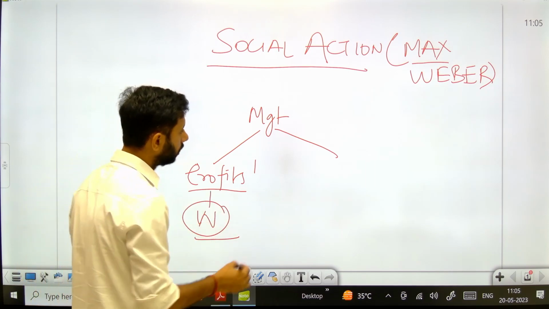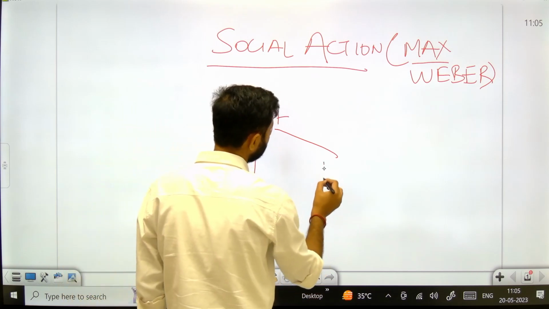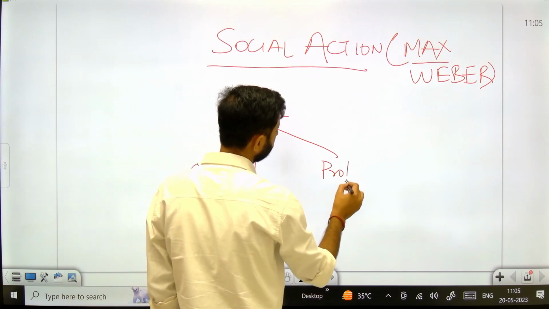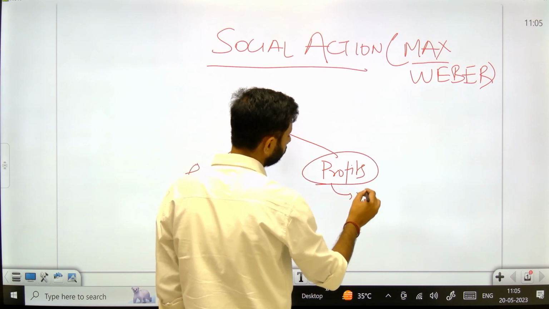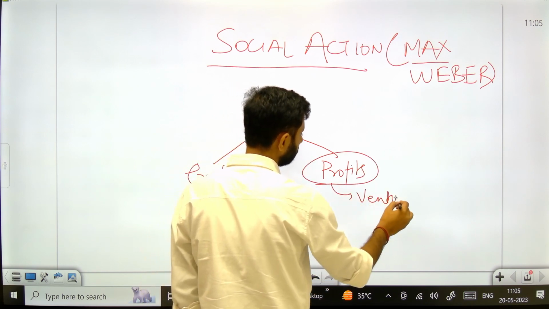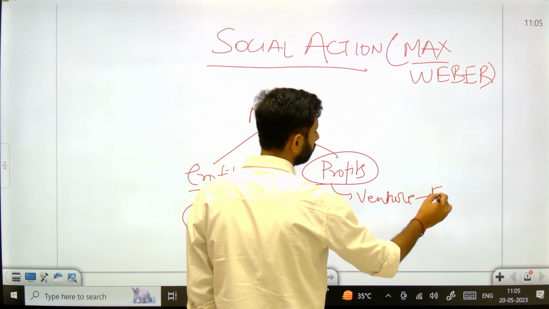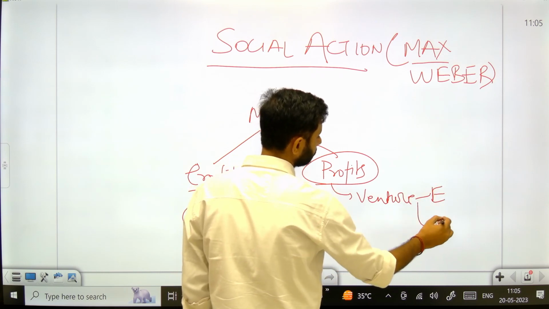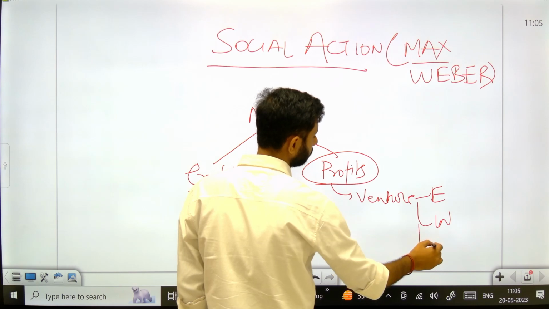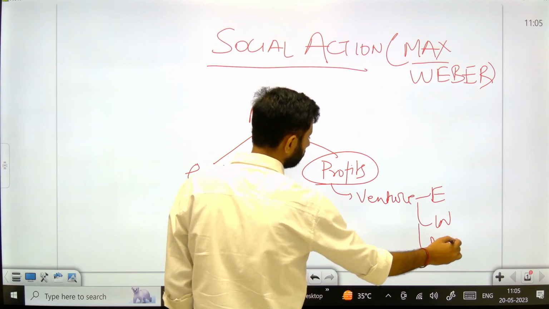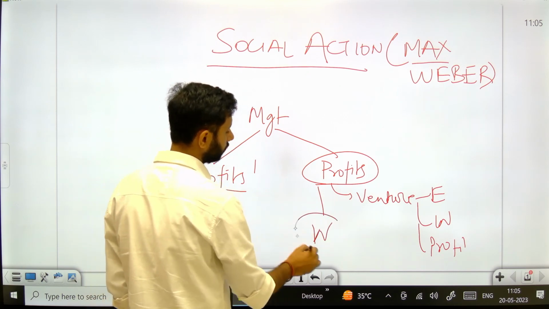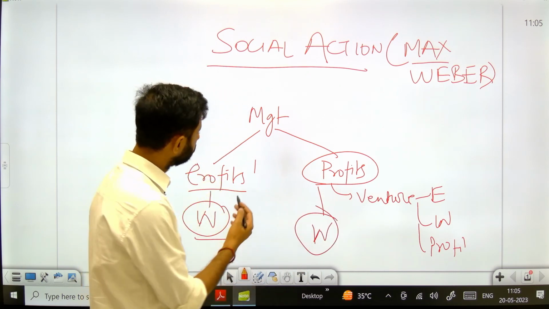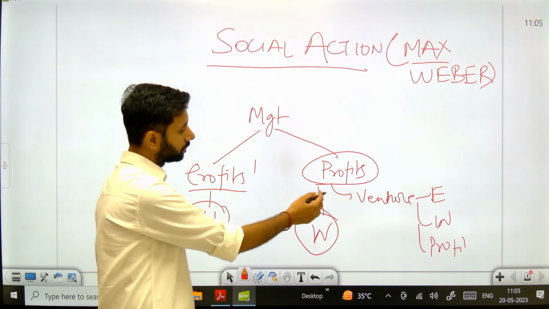Another management can say, I'll not share any profits and will put all these profits in a new venture that can generate more employment, more jobs and more profits, and the existing workers will not get anything. So based on motivations, industrial relations changed.